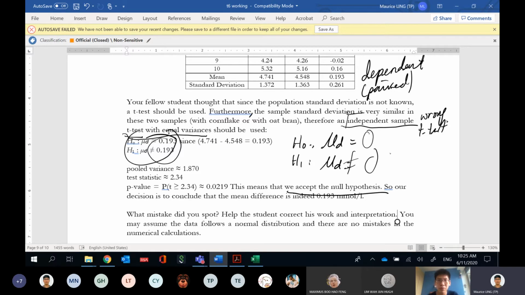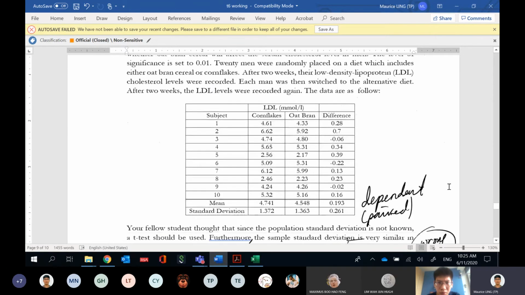If you go to a university in future, once your hypothesis is wrong or your test is wrong, everything will be wrong. If you have the null hypothesis wrong, the whole thing is just 0 already. It doesn't matter what you calculate. Everything can be right, but if your hypothesis is wrong, please be careful with that. So this is just to ask you what mistakes these students have committed.